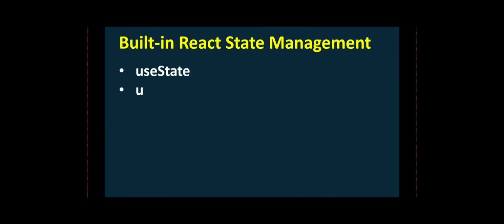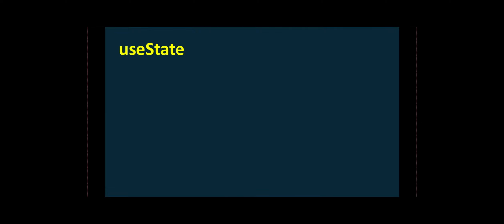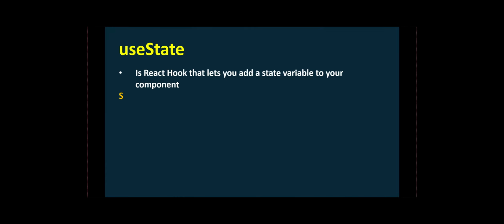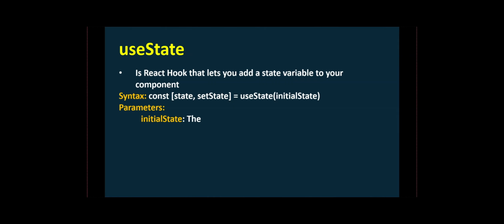React provides two hooks for state management. They are useState and useReducer. useState is a React hook that lets you add a state variable to your component. Here is the syntax for useState. useState takes one parameter, that is initial state, the value you want the state to be initially, and useState returns two values.